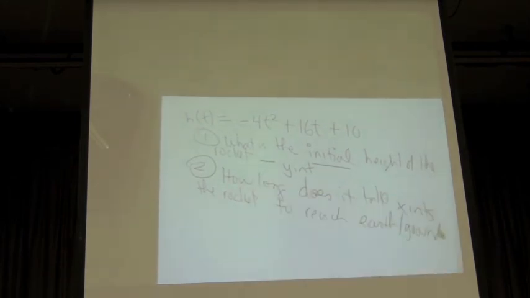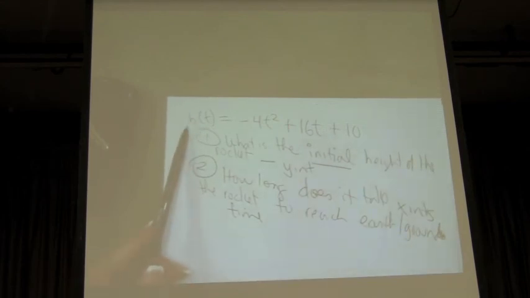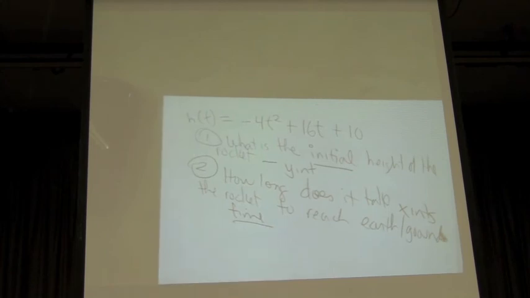Okay? This is a question about what? This is a question about time. Can you see that time is x? Yes. Can you see that y is what? Height. If they ask about the initial height of the rocket, they're asking a question about y. If they ask a question about time, they're asking a question about x.